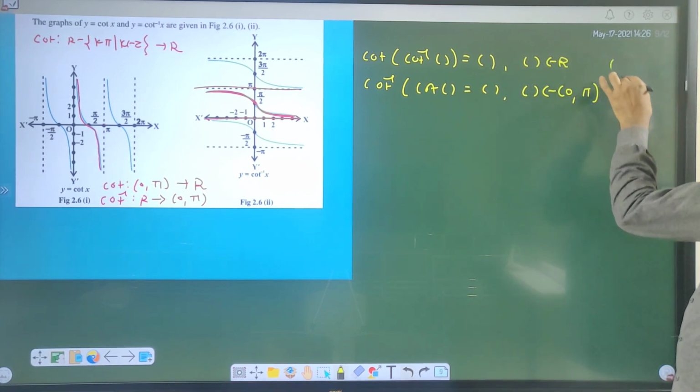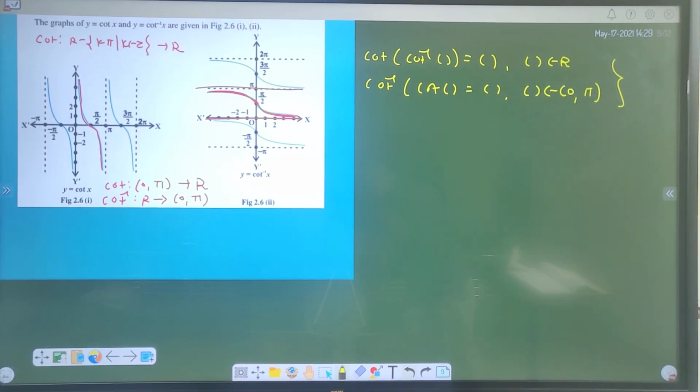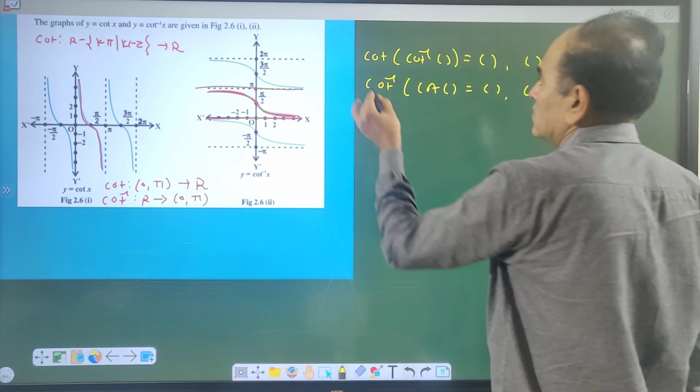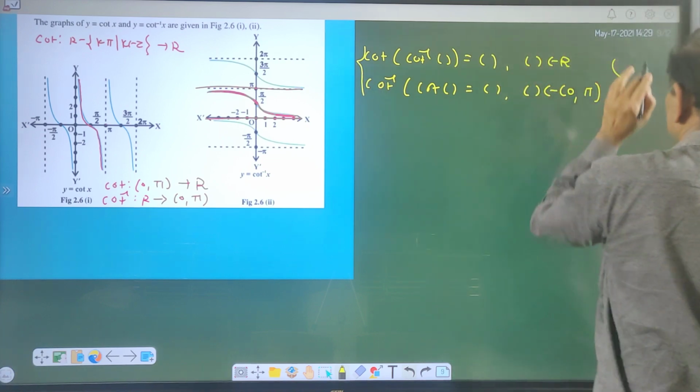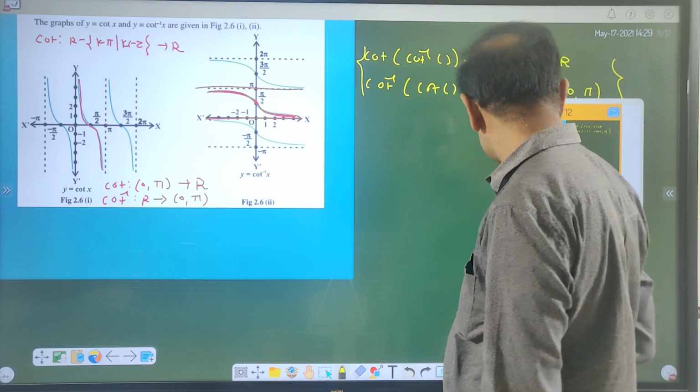Clear? Keep these two standard forms in mind. So these are the definitions of inverse trigonometric forms.